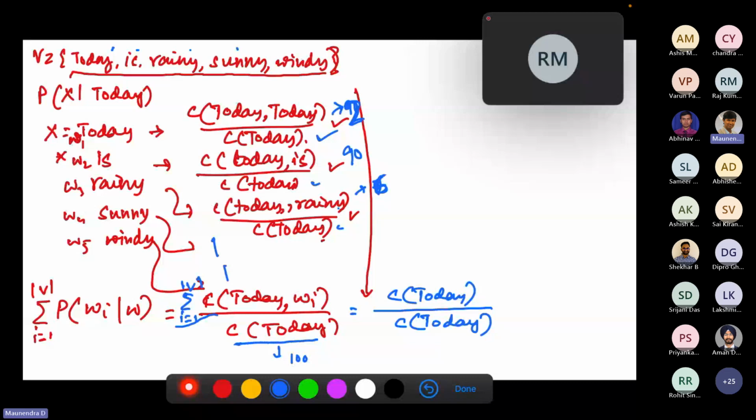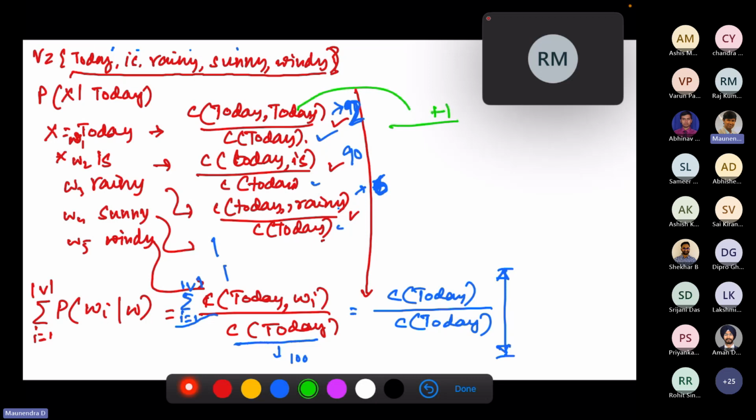Now, let me know if there is any doubt till this part. Yeah, this is clear. Okay. Now, what we are doing in the advanced smoothing is adding a 1 to the numerator. That means each of these probabilities will have an additional +1 in the numerator.